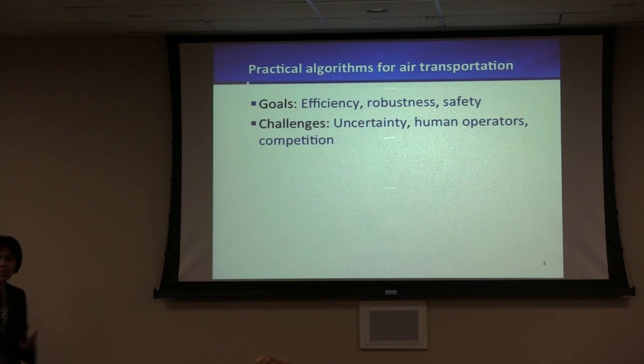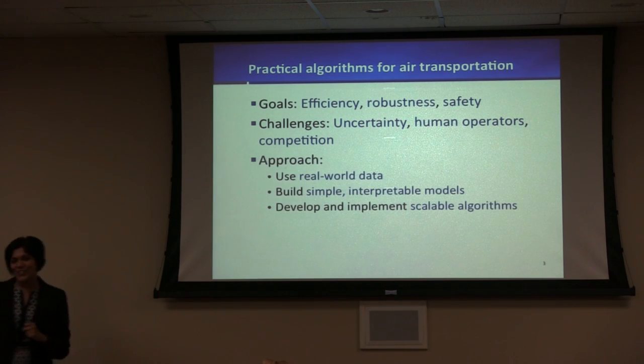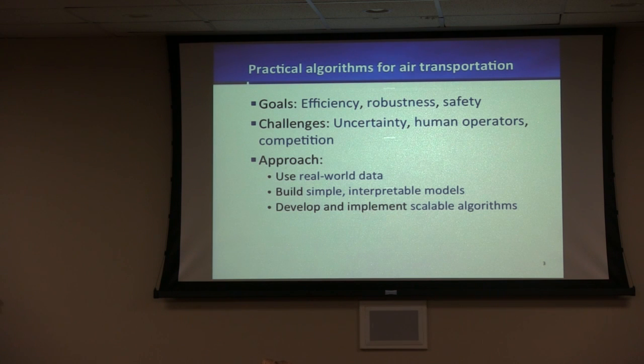What has changed in about the last decade that has enabled us to make progress towards these is there is now an increasing amount of data. So John joked just before we started, how do you bring analytics into the picture? And I think our approach is we'd like to use the increasing availability of real-world data to build good models.